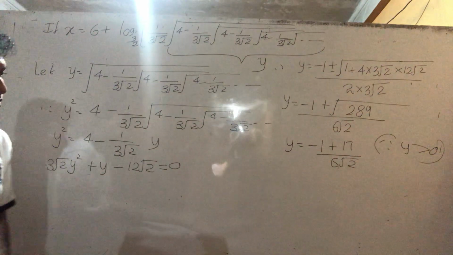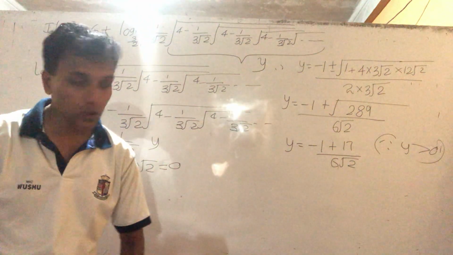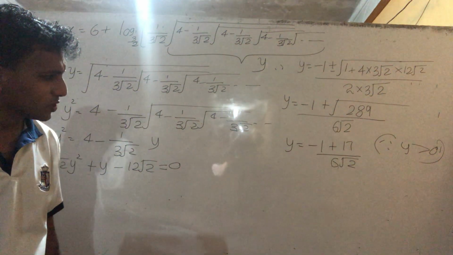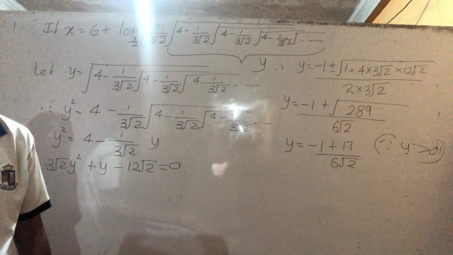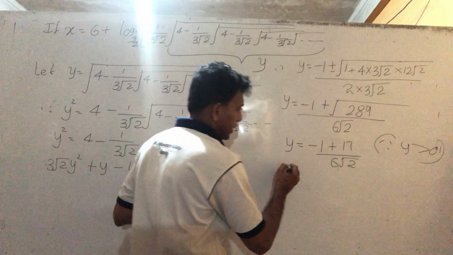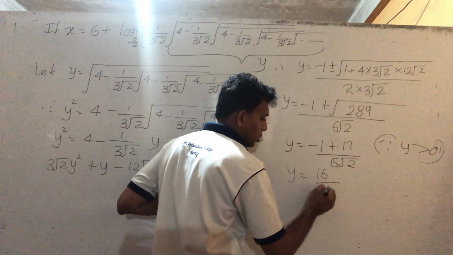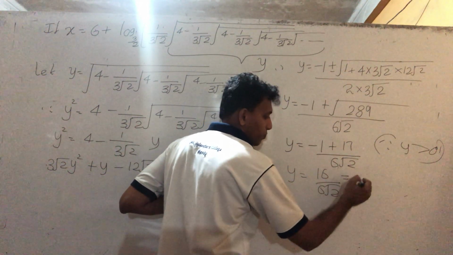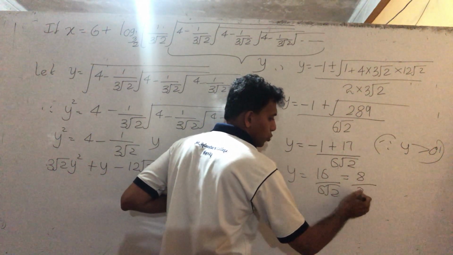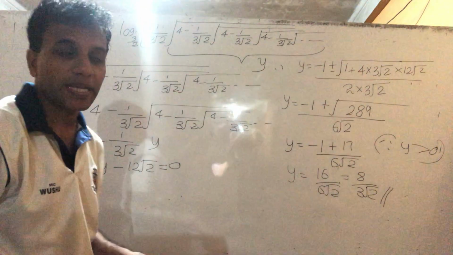So minus 1 plus 17 over 6 root 2. Is it okay? Check that. So the answer y equals 16 over 6 root 2, which divided by 2 gives 8 over 3 root 2. Okay, so the main part of the answer is completed.